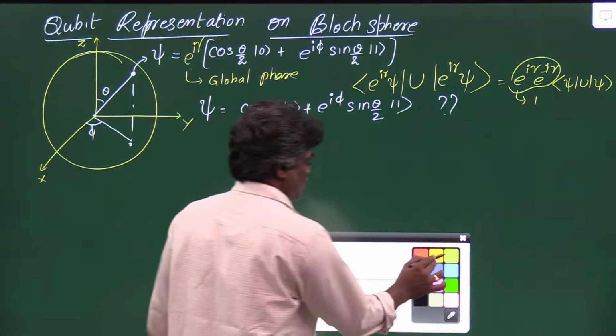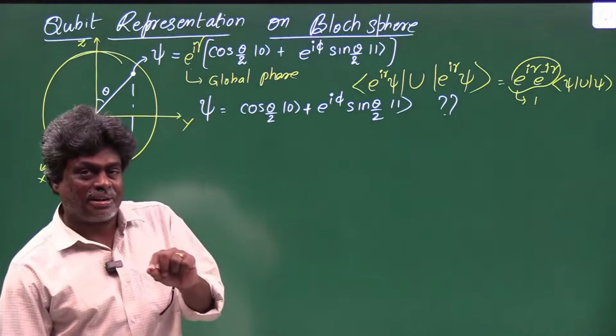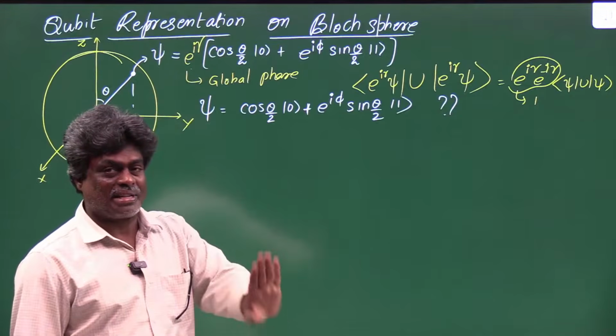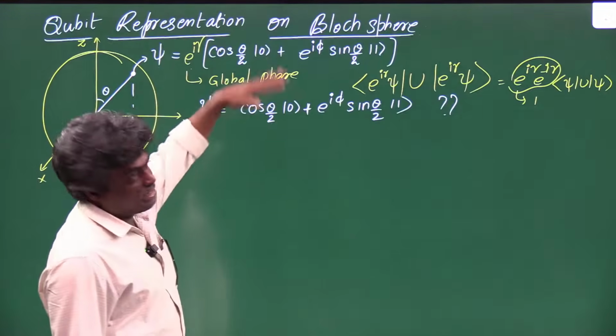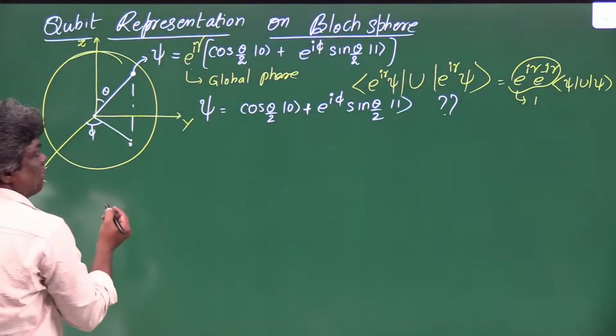Actually, the derivation is not given in the books. In quantum computation, they take whatever is required for computation, but the origin is in quantum mechanics. That is what I am going to explain today.